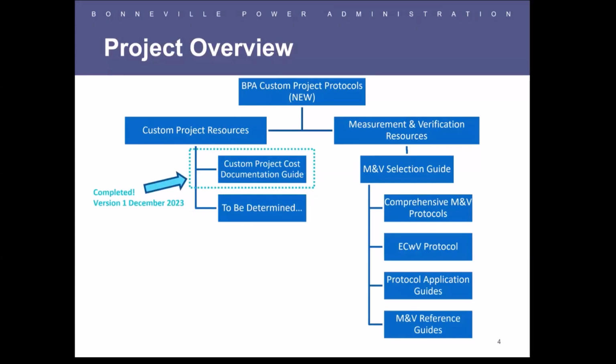That was completed late last year. There was a webinar that's recorded and on the bpa.gov energy efficiency website, and future documents will be determined. Always welcome your thoughts and feedback on what else is needed in that.